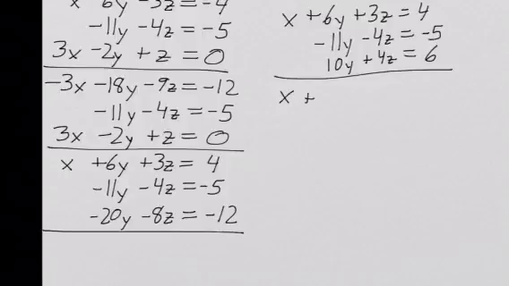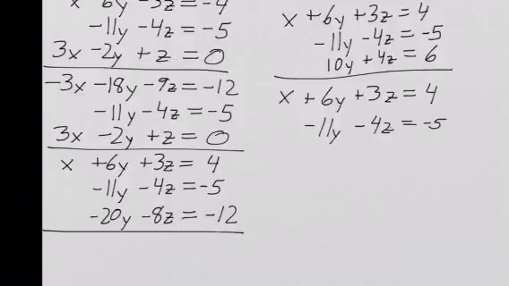So I have x plus 6y plus 3z equals 4. And my second equation will remain -11y minus 4z equals -5. Then the third equation is just adding the first two equations together.